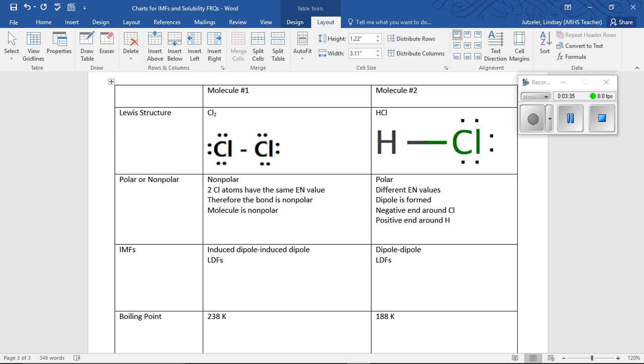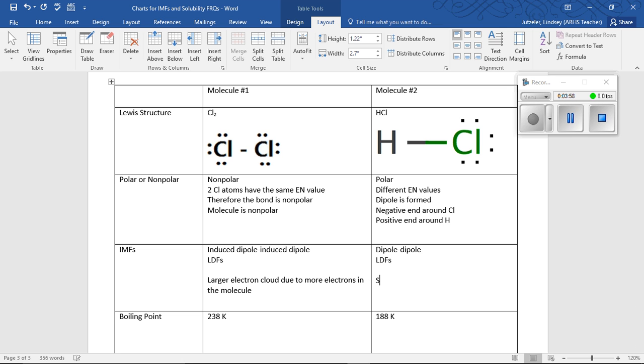So Cl2 has a larger electron cloud due to more electrons in the molecule. So its LDFs are pretty significant.